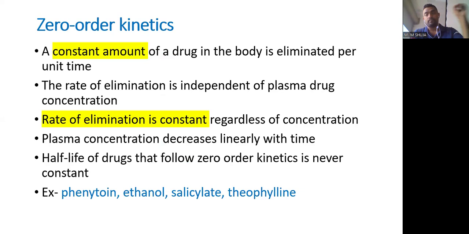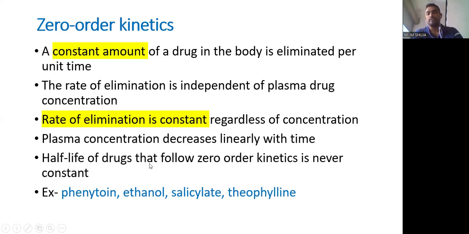But in first order kinetics, the more you increase the concentration, the more is eliminated. The rate of elimination is constant regardless of concentration. So the amount eliminated per unit time is constant, and the plasma concentration decreases linearly with time.